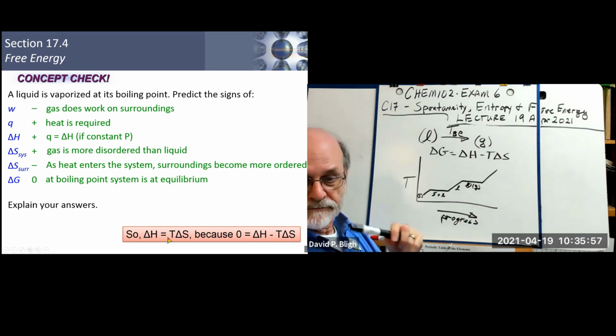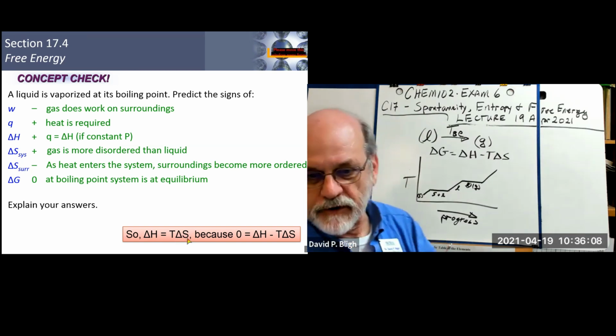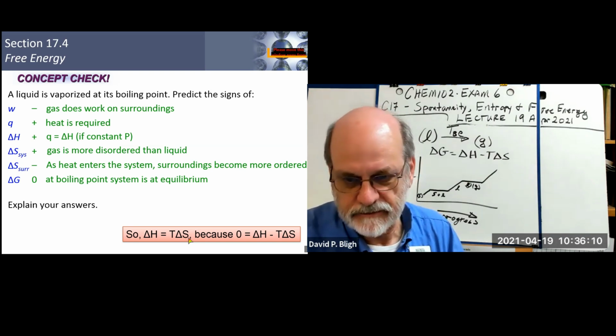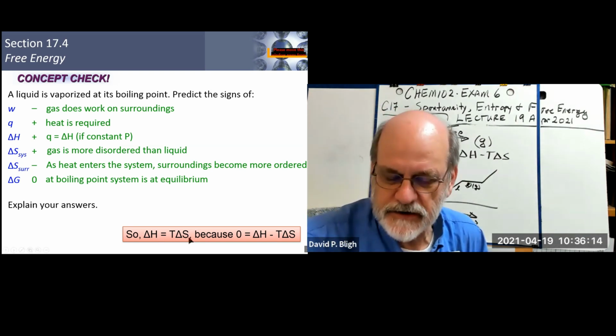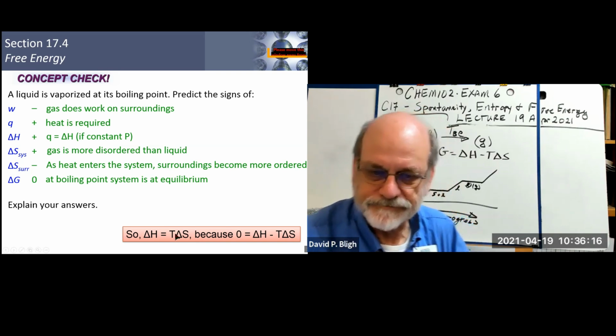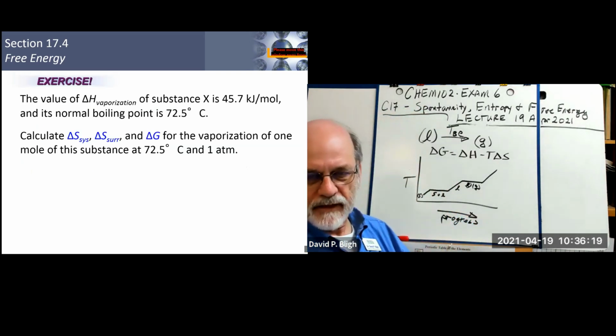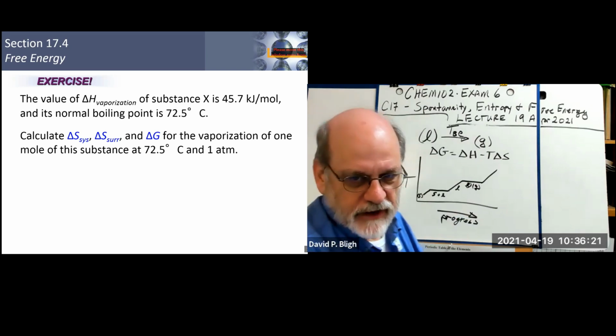Okay? So at equilibrium, we can set these two terms equal to one another. And remember, if there's no subscripts, we're talking about the system. Right? So the temperature, delta H for the system, delta S for the system, temperature of the system. Okay, let's use that information and see if we can answer this question.